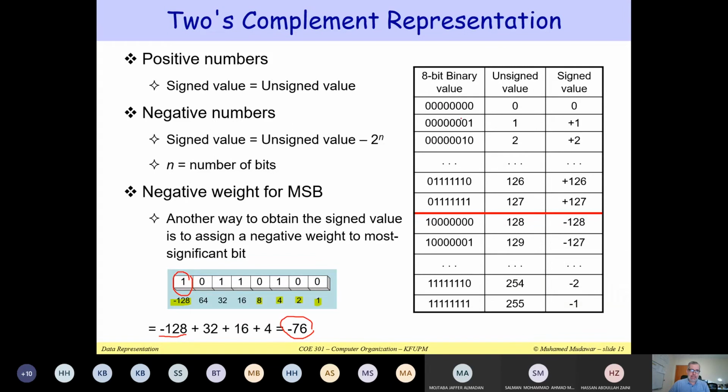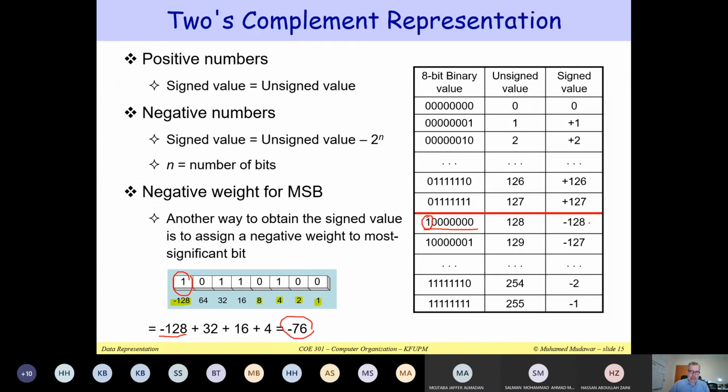But if you look at it as an 8-bit signed integer, you go from 0 to plus 127. Anything above this line is positive, which has exactly an identical value as the unsigned. So basically the signed and the unsigned values are identical above this line. And anything below this line will become negative. Notice that this will be negative 128, because the most significant bit here has a weight which is negative 128, and all of these are zero.